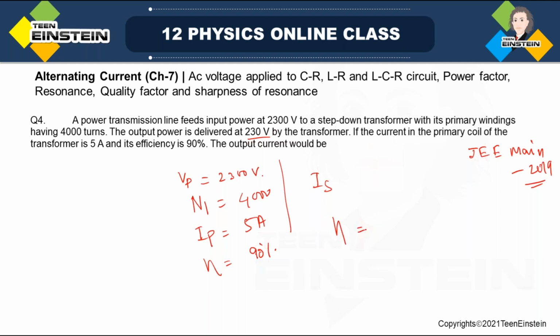So we know efficiency means output power divided by input power, into 100.